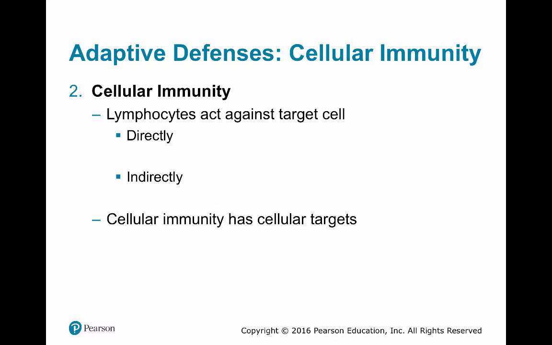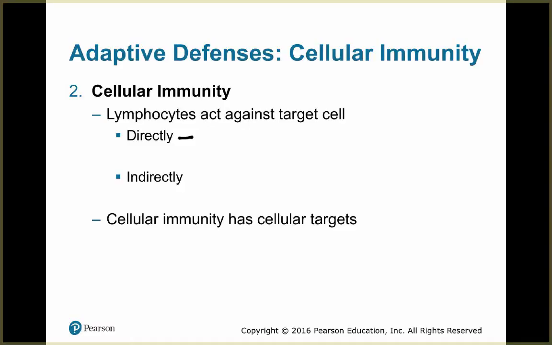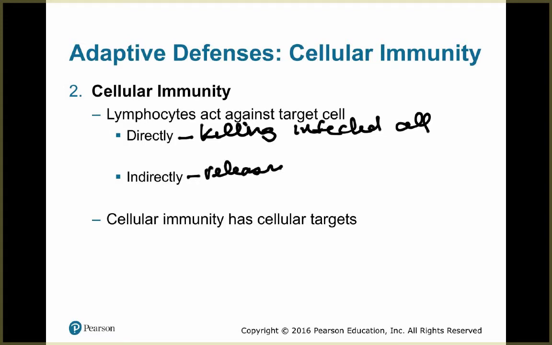Now, the cellular immunity or cell-mediated immunity, this has lymphocytes. Lymphocytes actually act against target cells, and so they can act directly. And if they act directly, they're basically killing the infected cells, or they can act indirectly. And basically, when they act indirectly, they're releasing chemicals. And those chemicals will help to enhance or increase the inflammatory response.